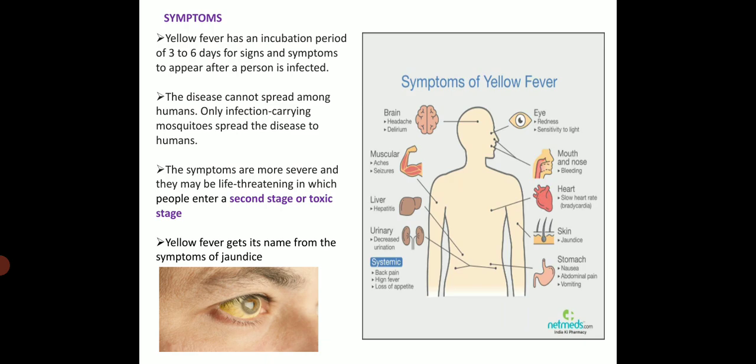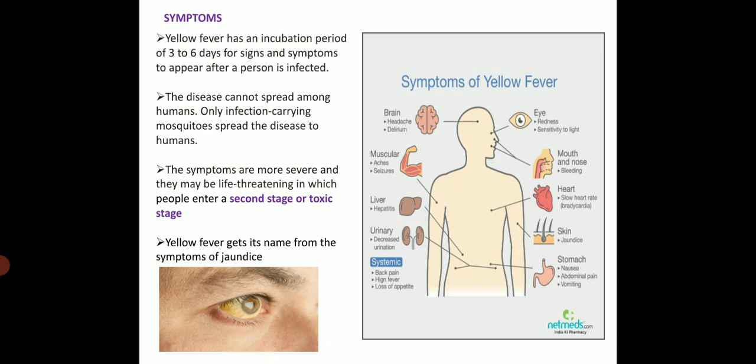Some of the symptoms you can see in this picture. Here, headache, delirium, that means a change in the brain, where the person has difficulty thinking, sleeping and remembering, and aches and seizures in the muscles, which are sudden electrical disturbances in the brain, and hepatitis, urinary, that is decreased urination, back pain, high fever, loss of appetite.